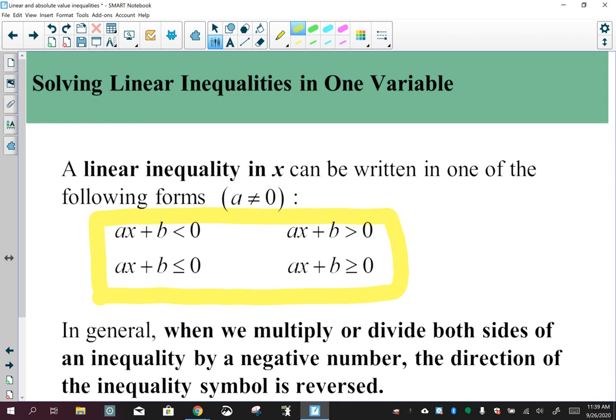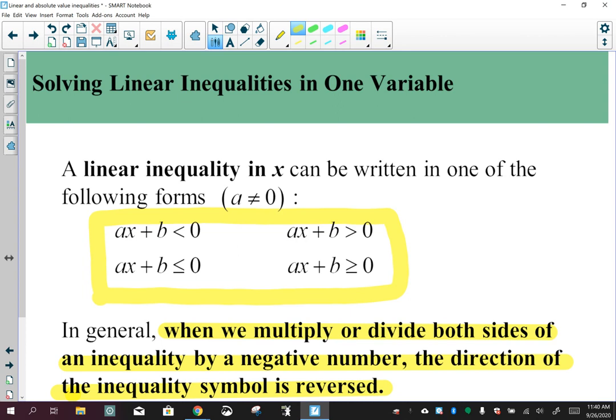The key thing here is that when you solve these, 99% of the problem is just like solving linear equations, how you've done in the past. The only difference is this piece right here. When we get down to where you either multiply or divide, if you multiply or divide by a negative number, then your inequality sign will flip.